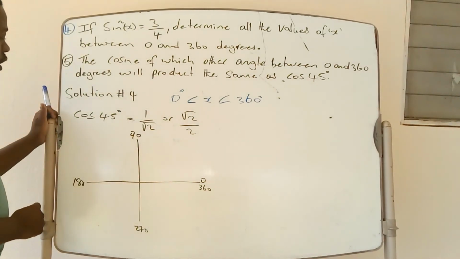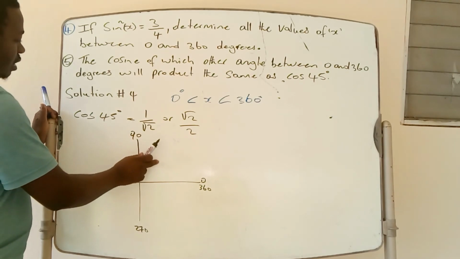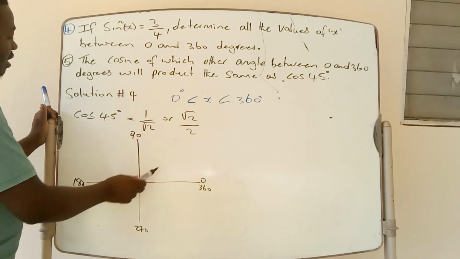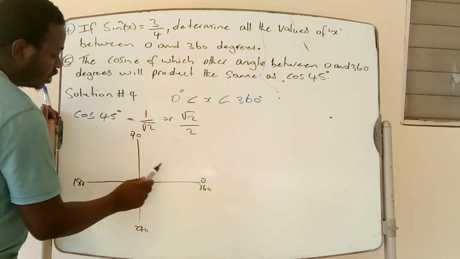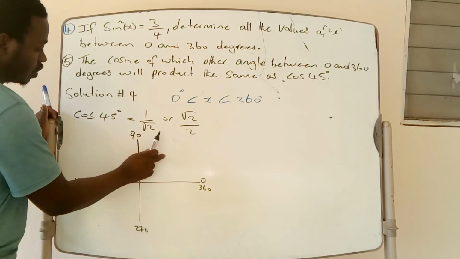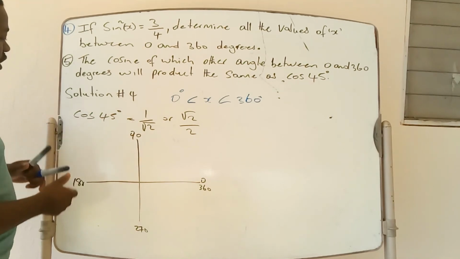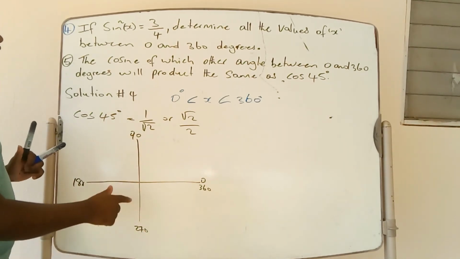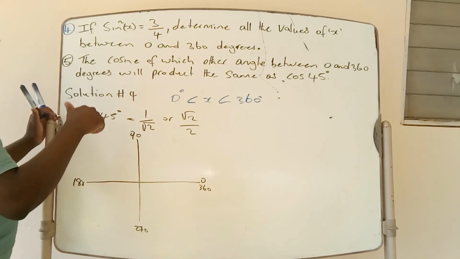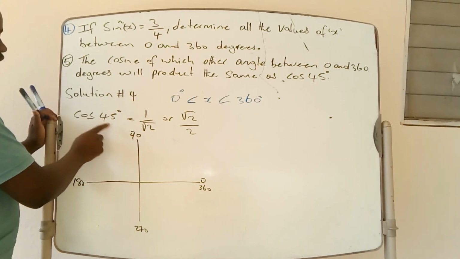Alright? We know that cos is positive in the first quadrant and cos is also positive in the fourth quadrant, these two. So we can use the idea of the associated acute angle to find the other angle that will give us the same result as cos 45.